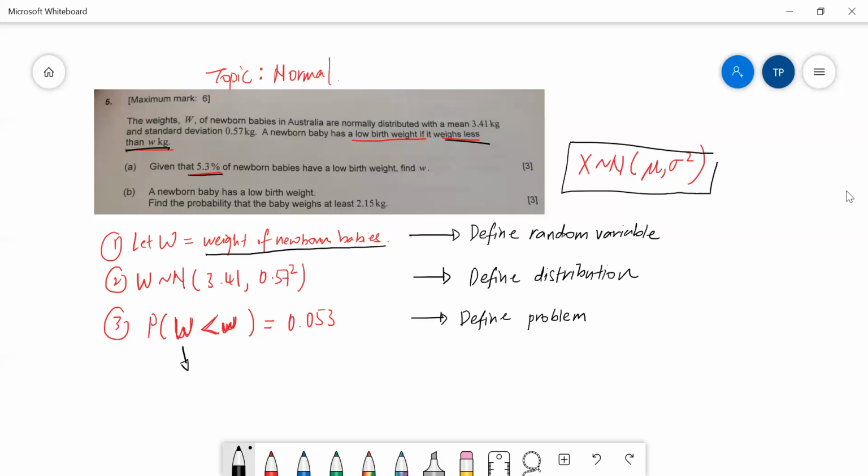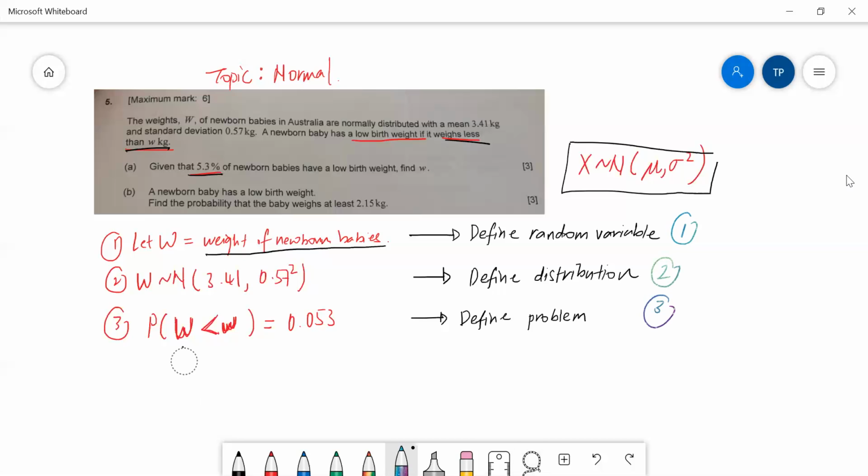So this is my go-to method when doing statistics questions. Step 1, I always define the random variable. Then I define the distribution. Lastly, I interpret the question and define the problem. All good?